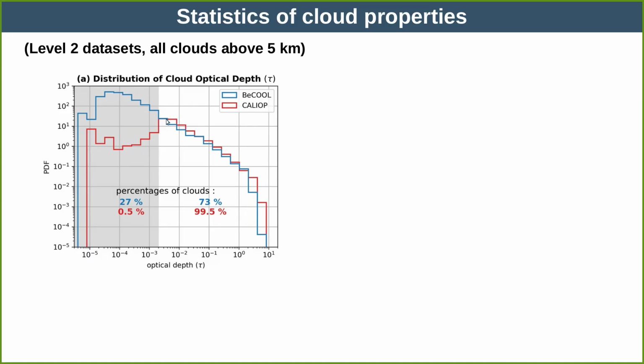So this is actually the detection threshold of CALIOP. With BeCool, we see about 27% of clouds below this threshold, while it's only 0.5% of clouds for CALIOP.